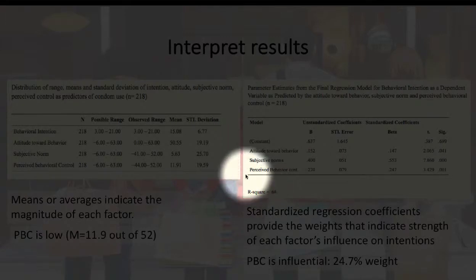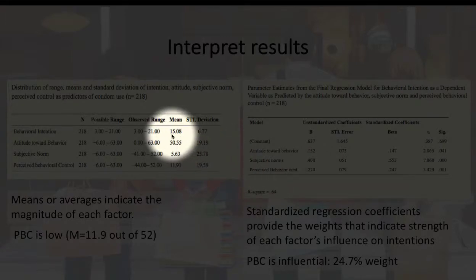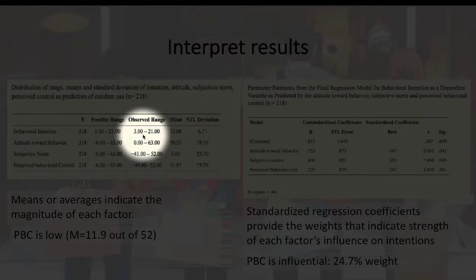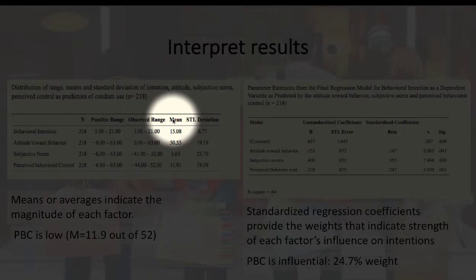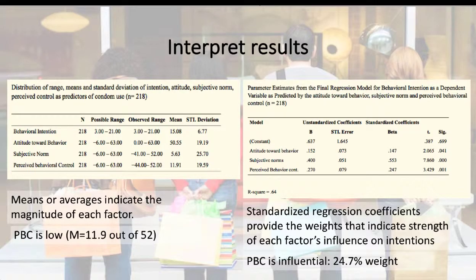And then we can see here the intentions, again, for the entire group is a 15 out of 21. It's moderate. It could certainly be higher. And I'm sure if we broke this down into subgroups by gender, by age, we would notice some additional differences there.